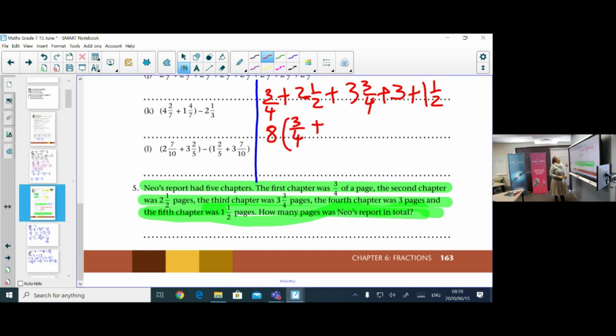Our half's equivalent, when you write it over 4, you multiply the top and the bottom by 2, times 2 times 2. So we'll have 2 out of 4. The equivalent is still 3 over 4. And then half is 2 out of 4. So you quickly add on top there these numbers, and then you simplify it.